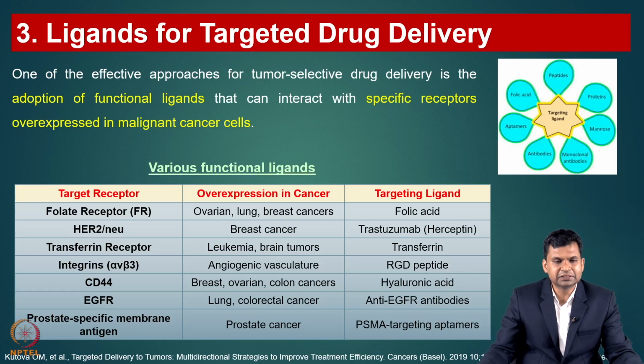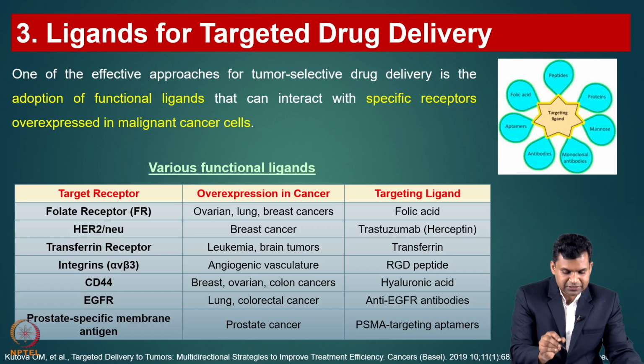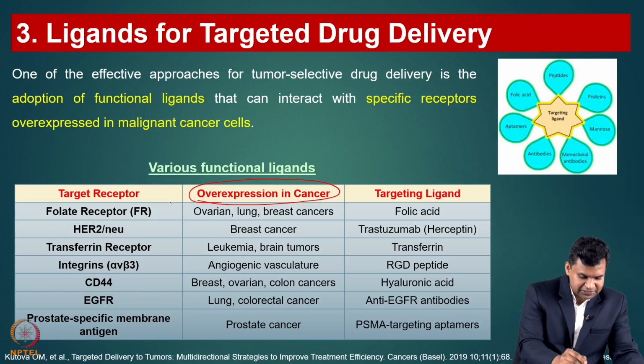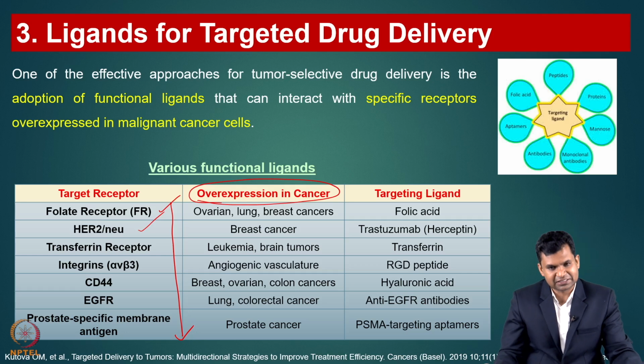Now, here the third topic is ligands for targeted drug delivery. As we discussed in our previous slides, definitely some of the receptors will overexpress in the cancer cells. These are the receptors expressed in various cancers. For example, folate receptor, herceptin receptor, transferrin, integrin, CD44, EGFR receptor, and then prostate specific membrane antigen.